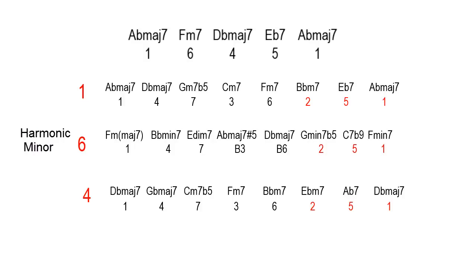Another concept to understand is that these 2-5-1 that I'm talking about is a substitute chord in the harmonic minor. If you look only at the bass notes, they are the 7th, the 3rd, and the 6th tones in the A flat major scale, which is the parent scale for this progression.